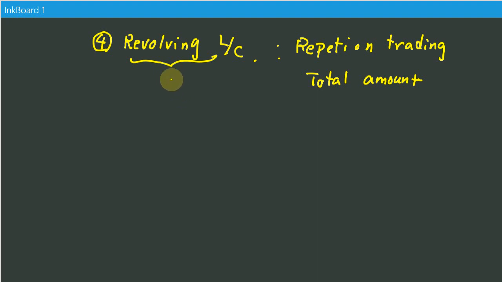This is used, and then they can save the P for LCP. They can save LCP, right? Okay, this is revolving LC. Okay, they set total amount, and within that total amount, they use the same letter of credit.